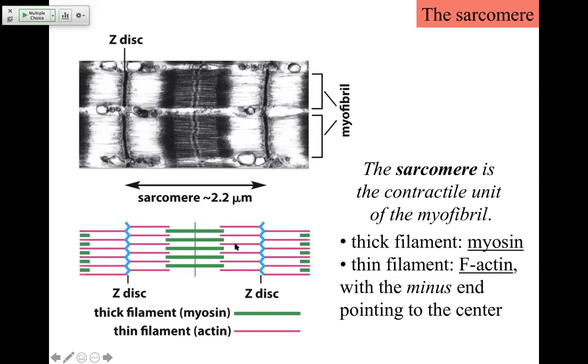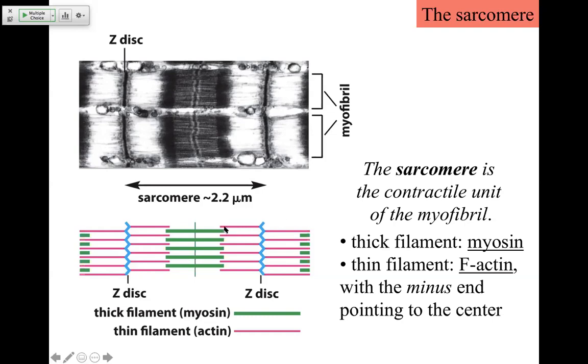The thin filament is our actin filament, here shown in pink, interdigitated with thick filaments that we show here in green, which we call myosin filaments. We can actually see in the sarcomere different degrees of density. The thick filaments are giving this darker, thicker density in the center of a sarcomere.